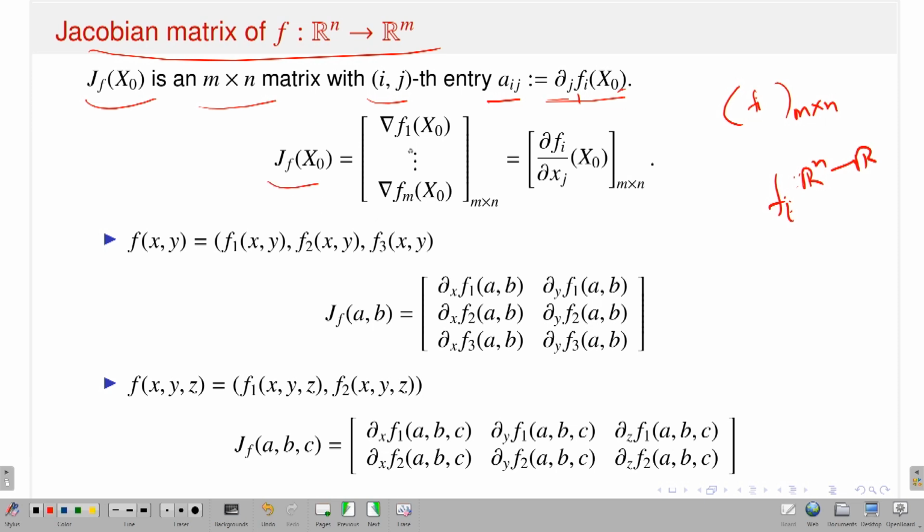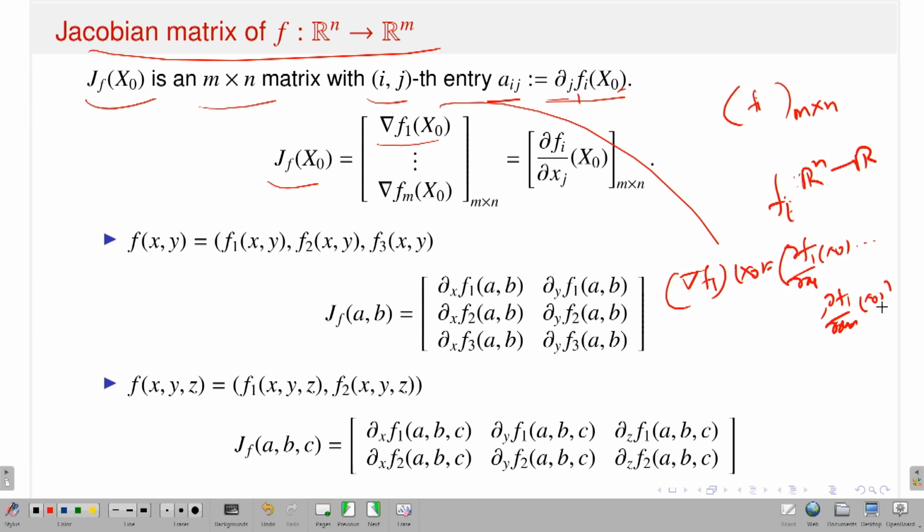So, Jf at the point x naught: the first row is nothing but the gradient of f1 at the point x naught. It is a gradient vector with n components. That means del f1 del x1 at x naught, up to del f1 del xn at x naught.